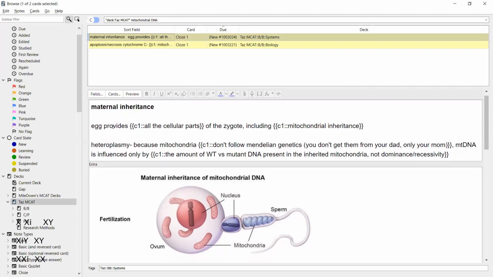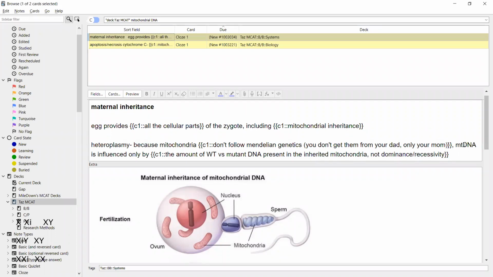So the egg actually provides all of the parts of the zygote that the kid will have, right? Which includes mitochondrial inheritance. So you are not getting the mitochondria from your dad at all. You only get them from your mom because your mom's egg provides the parts of the zygote, the cellular machinery.